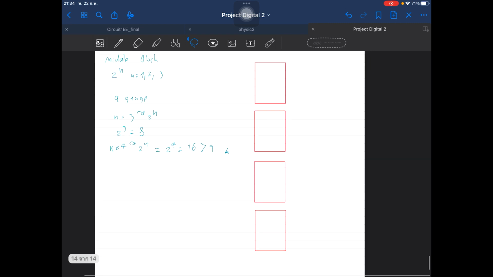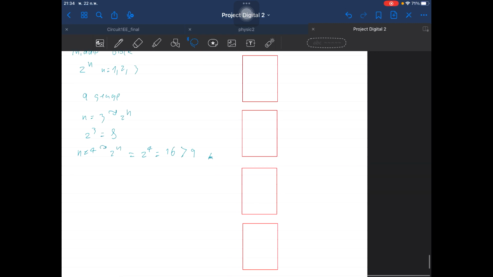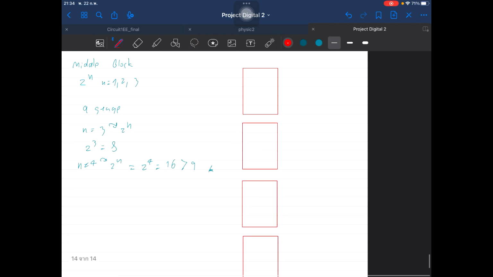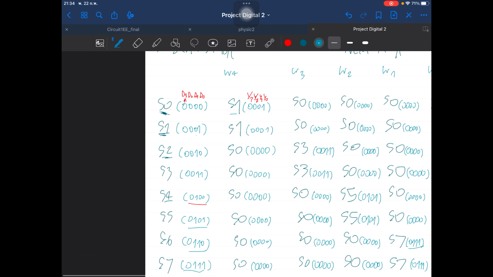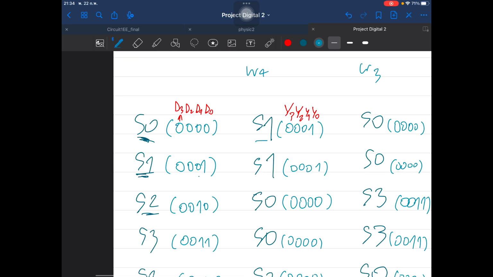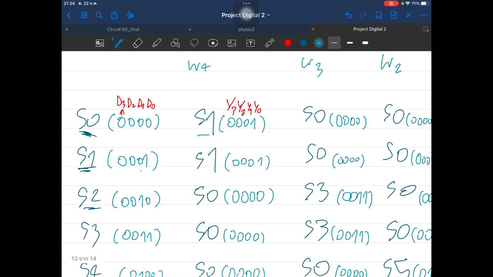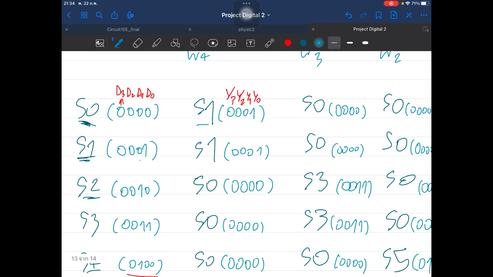And then we are going to talk about the inputs of the flip-flops. From the state assignment, we will know the values inside D3, D2, D1, D0 and the names Y3, Y2, Y1, Y0.